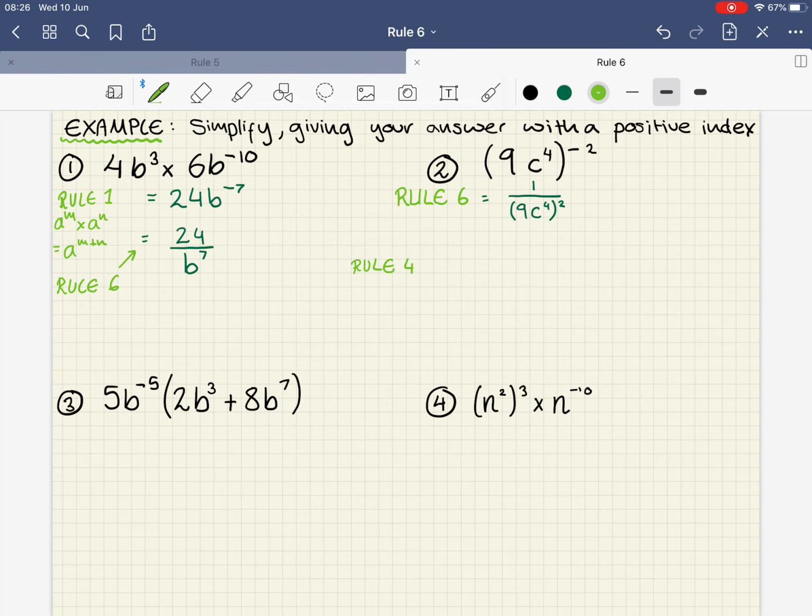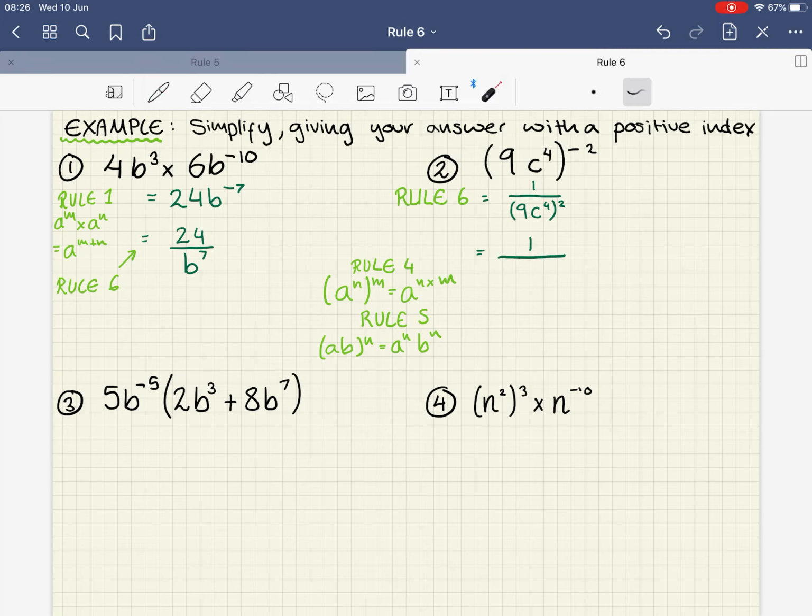And remember, rule 4 is when I've got something to the power inside of brackets and multiply the powers, as well as my rule 5 when I have 2 things, each thing is affected individually. So both of those are going to come into effect in this next part.